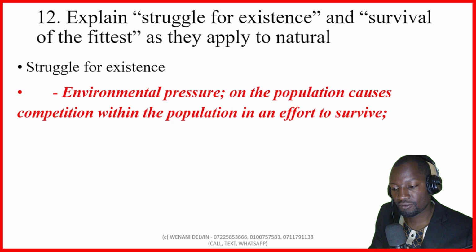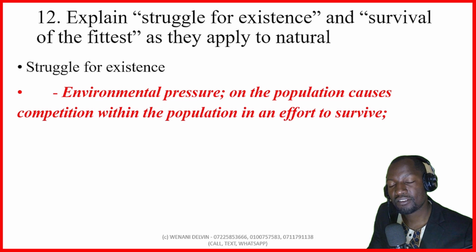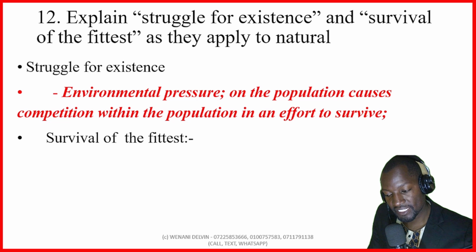To survive. Why? It's because of the environmental pressure. It can be because of nutrients, or because of a certain supply of an important factor. And therefore, the environmental pressure will force the organism to compete for that necessity. And as a result, it will lead to what we call struggle for existence.